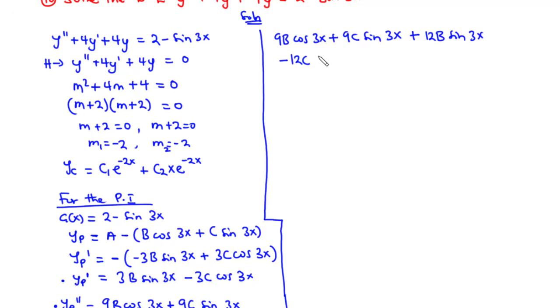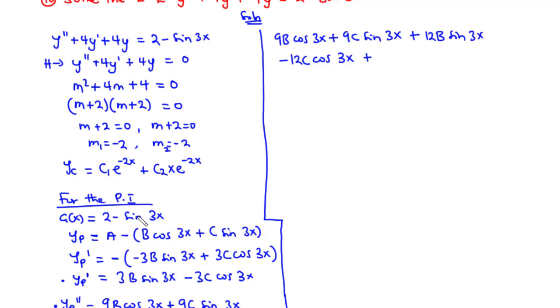So 12c cos 3x, and then plus we have 4 times y. So we have y to be a minus into brackets b cos 3x plus c sin 3x.